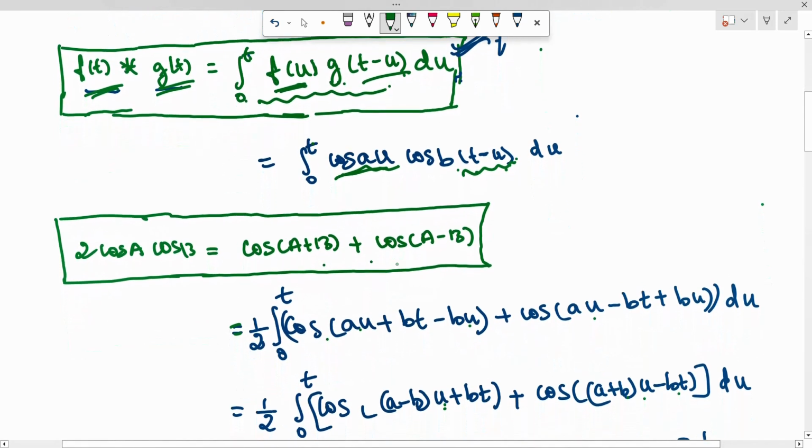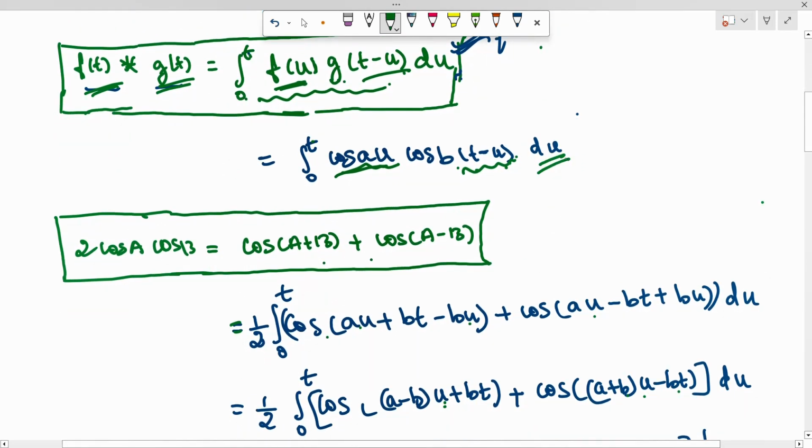Now we are going to integrate with respect to du. But we cannot integrate directly because there are two terms here. First term is cos au into cos b into t minus u is the second term. We can't integrate directly, but with the help of the 2 cos a cos b formula we can integrate easily.